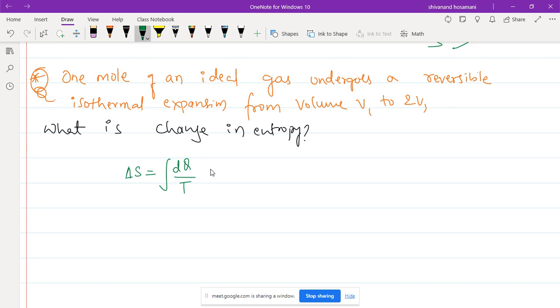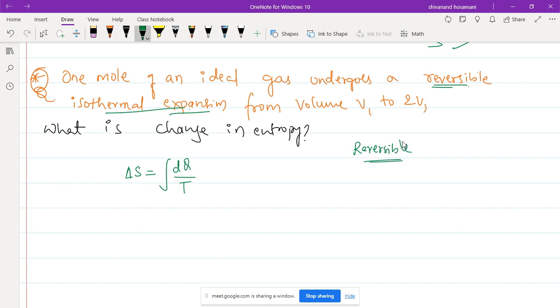Then, as he has mentioned, it's isothermal expansion. Especially it is reversible also. Isothermal ಐತೆ ಮತ್ತು reversible ನೋಡಿದೆ. Which one is going to be 0 here? Reversible.